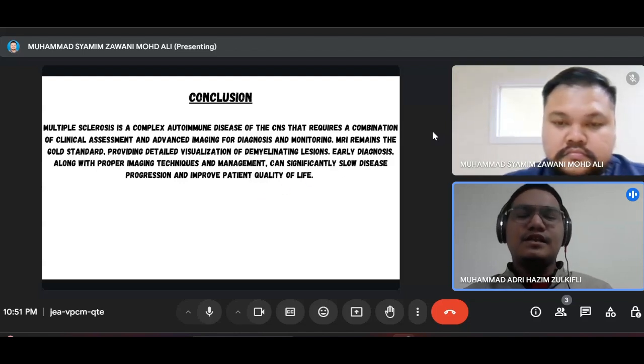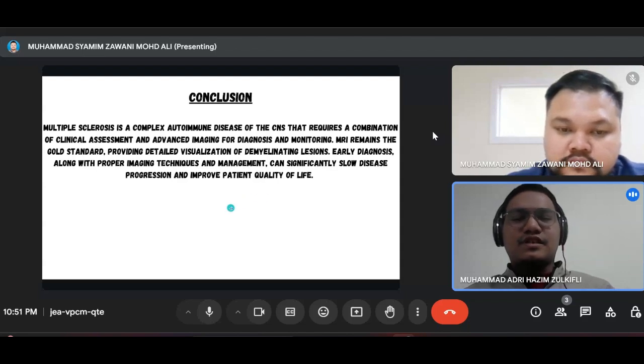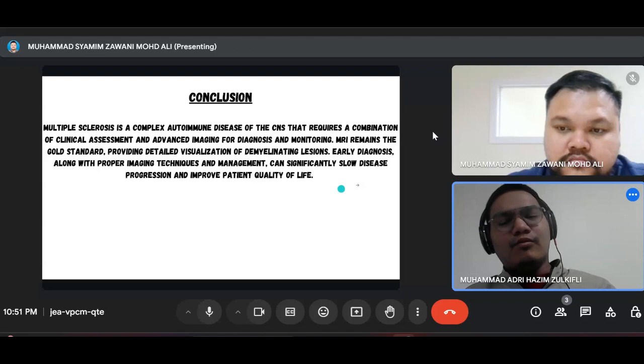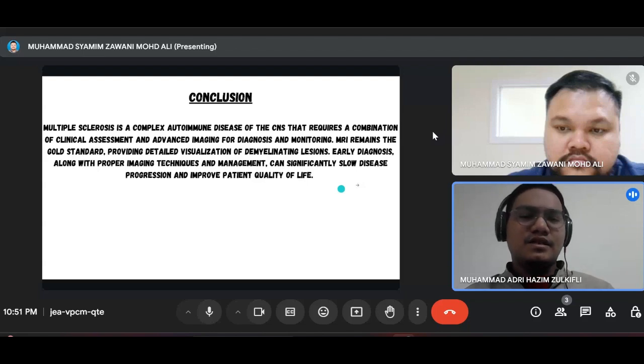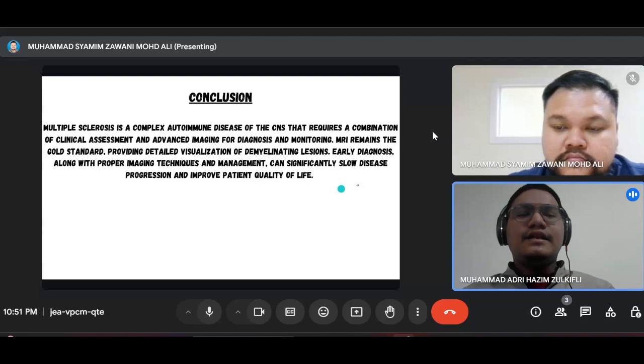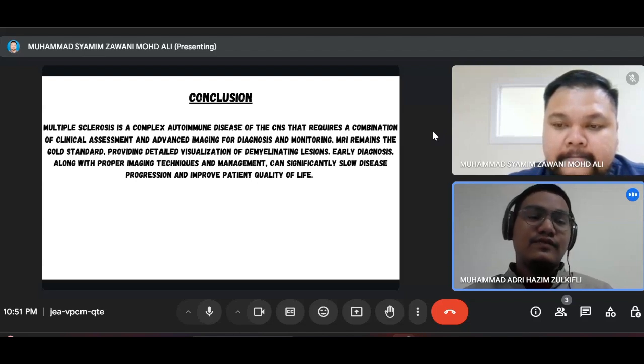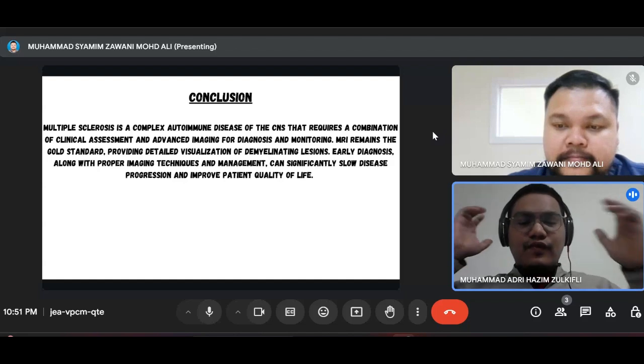MRI remains the gold standard, providing detailed visualization, as we know just now, by showing the white matter sites in the MRI T2 of demyelinating lesions. Early diagnosis along with proper imaging technique and management can significantly slow disease progression and improve patient quality of life. Do you have any questions?